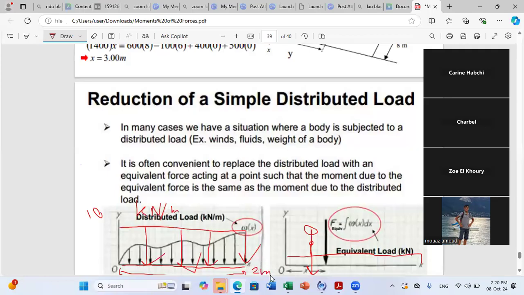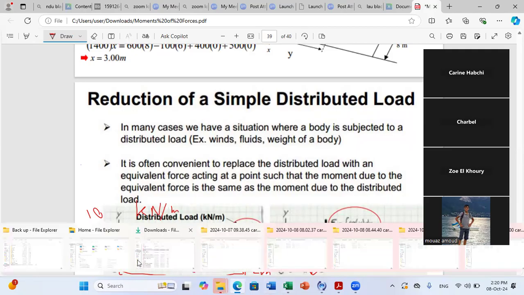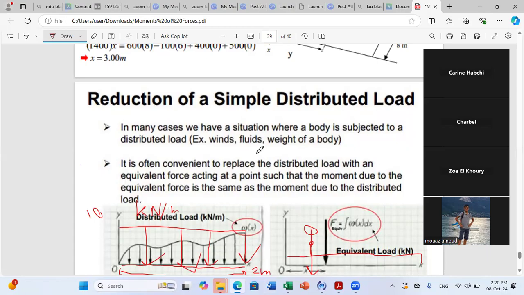So it's very simple. How to calculate the total force? I multiply 10 by 2, okay? Because I know the length and I know the load, so I just have to multiply 10 times 2 equals 20. Okay, so this is 20 kilonewton.